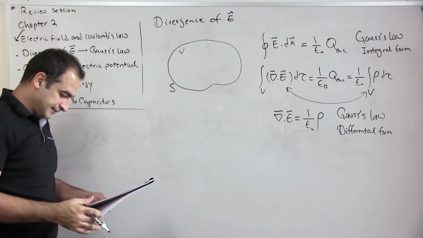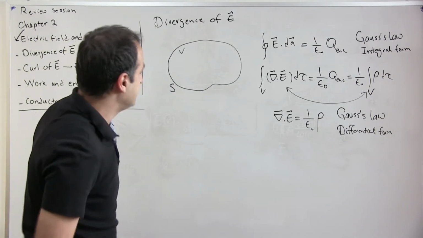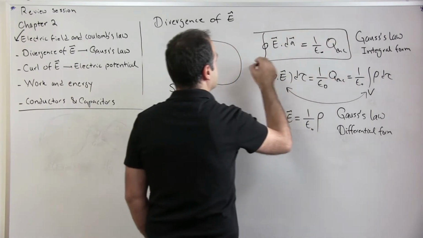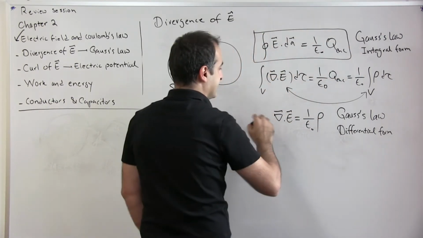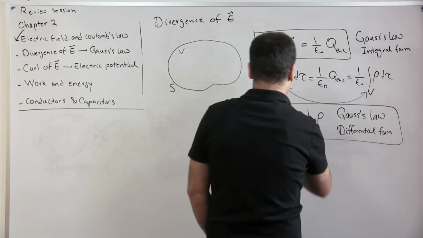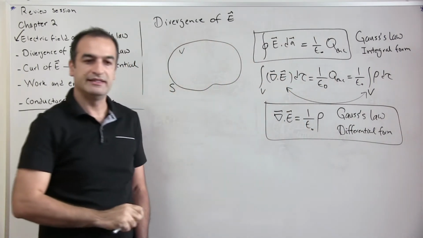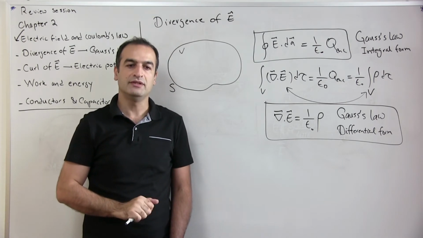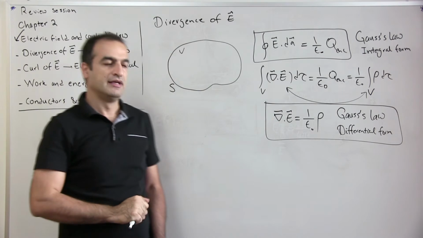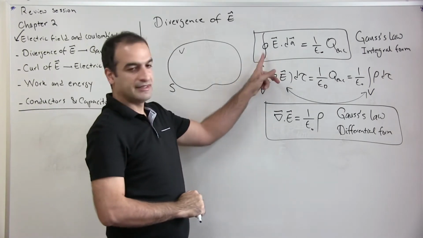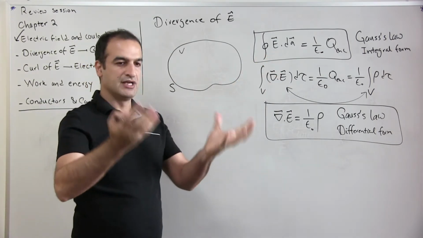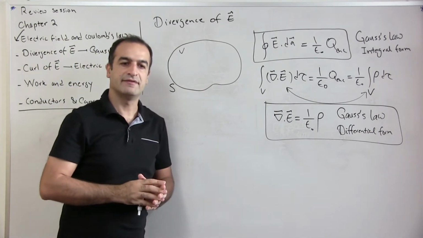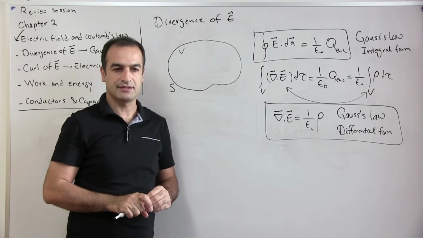Sounds good? Okay, so Gauss law is useful, and I can tell you most of the time you use this one if you're doing anything analytical. This is useful for calculating E in special cases where we have nice symmetry, so we don't need to go through the burden of the integral. A lot of times this integral can be nicely calculated by just looking at the geometry and integrating over specific surfaces where the magnitude of E is constant.